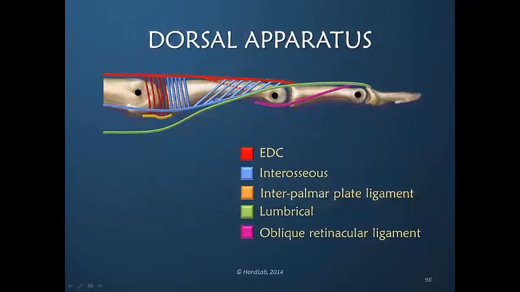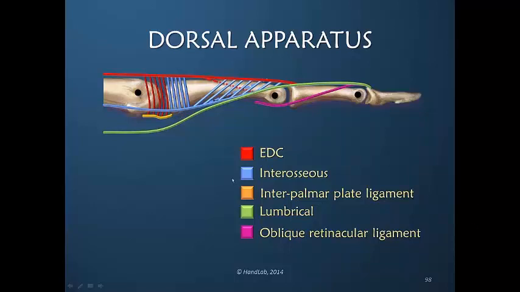Now we're returning to a schematic drawing that you may have seen in other parts of this series that have been presented earlier. The red will always represent the extensor digitorum communis and its influence. The blue will represent the interosseous muscle influence.